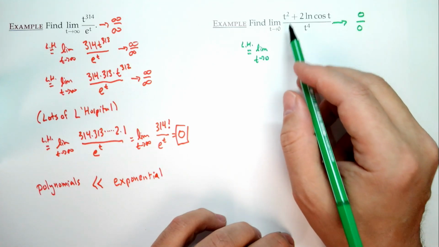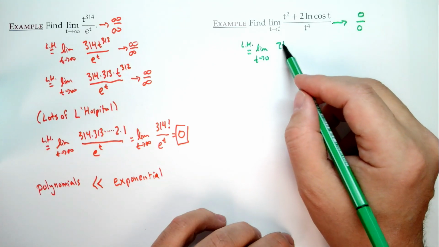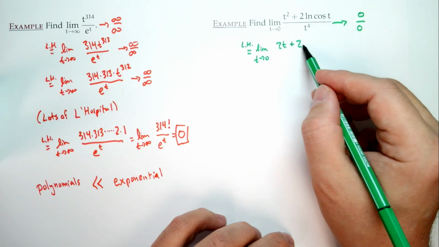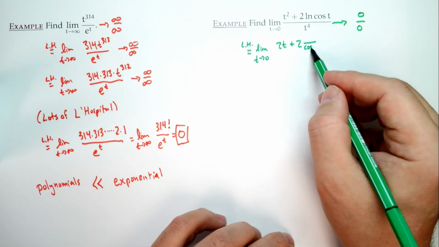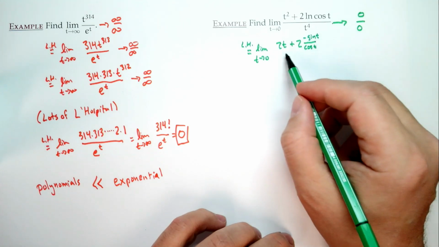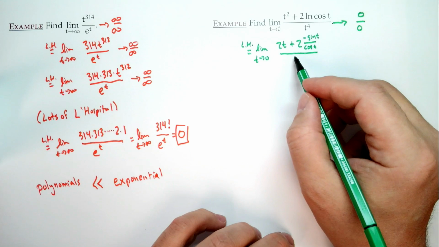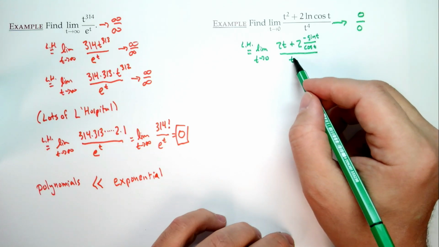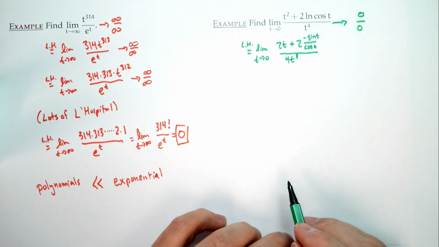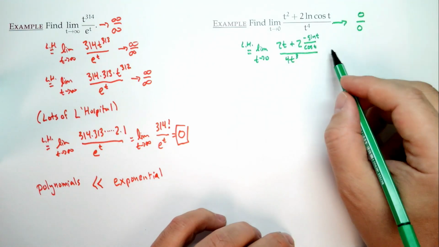So, first time, okay: 2t plus the derivative of log of cosine. Well, cosine goes downstairs, upstairs would be negative sine, which is the derivative of cosine. All of that divided by 4t cubed, the derivative of t to the 4th. Well, we can clean that up.